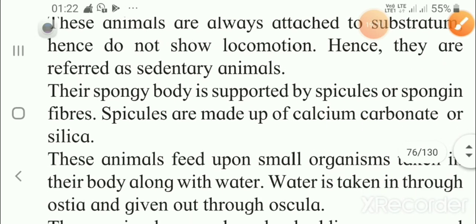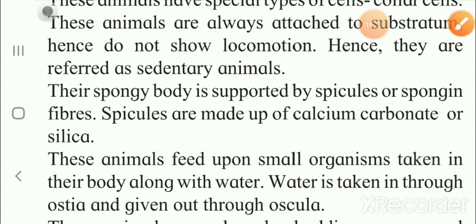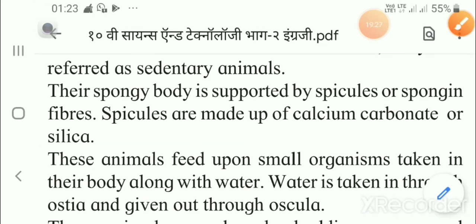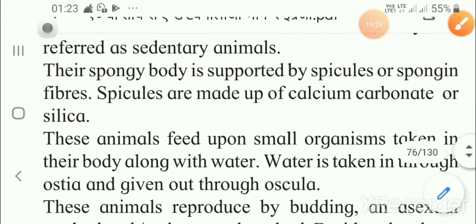Now let us see, their spongy body is supported by spicule or spongin. Now spicules are made up of calcium carbonate. This is also an important point, children, that spicules are made up of calcium carbonate or silica.